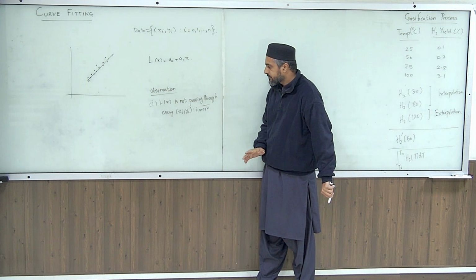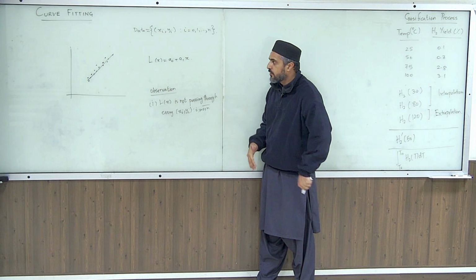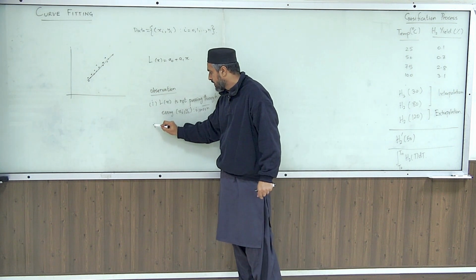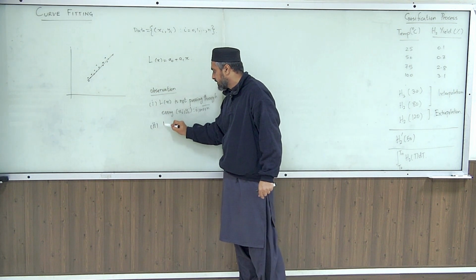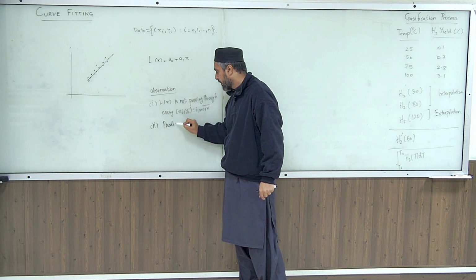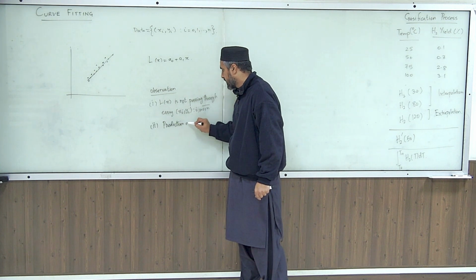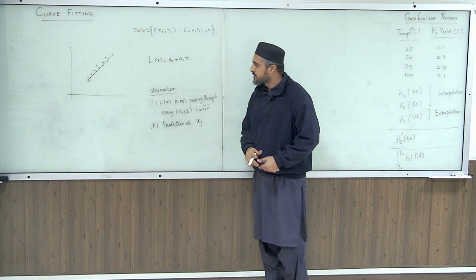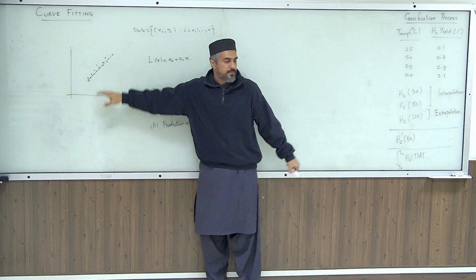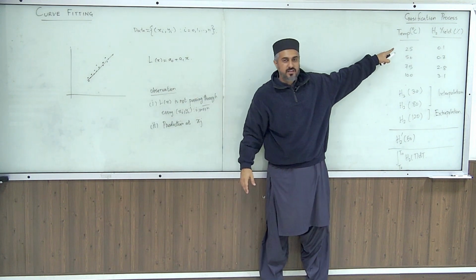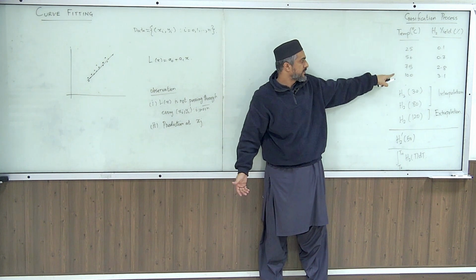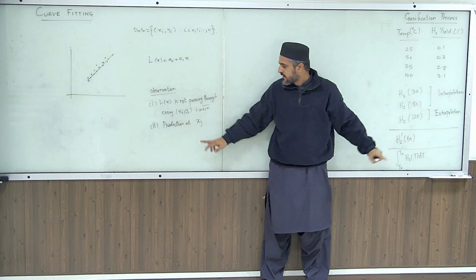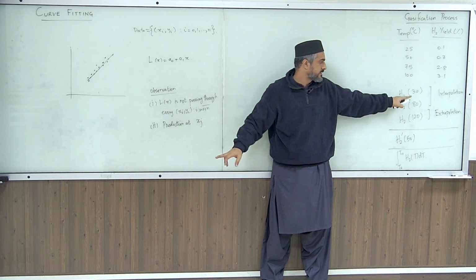What we are actually getting from here is the prediction at some xj's, which obviously are not reported here. For example, if I fit a linear line within this data, I can try to predict the value at 30, so this xj will be that 30 and an 80.